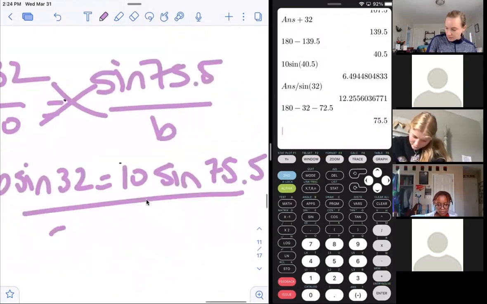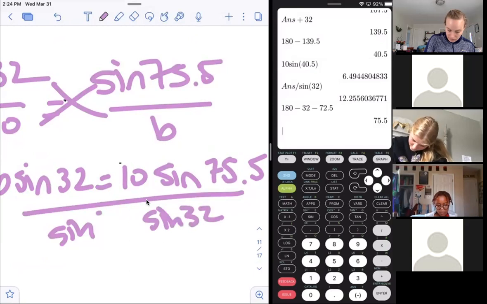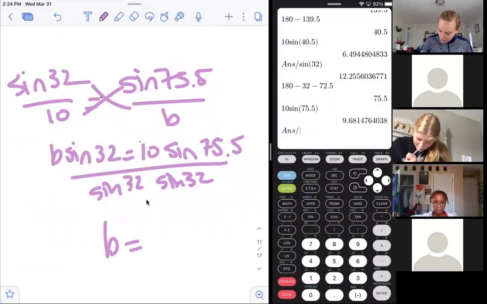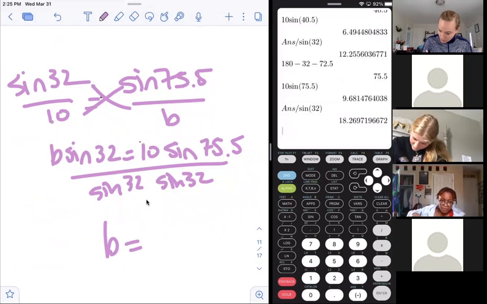Divide by sine of 32. 10 sine 75.5 divided by sine of 32, 18.3.